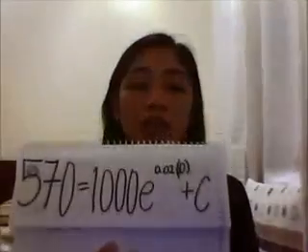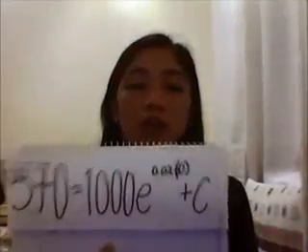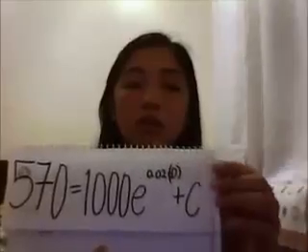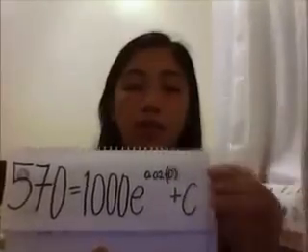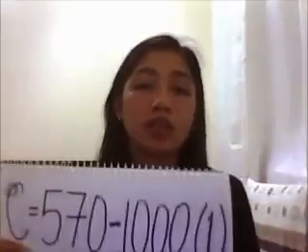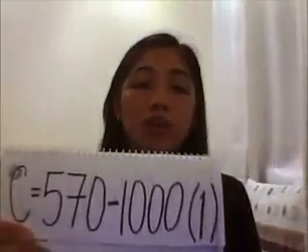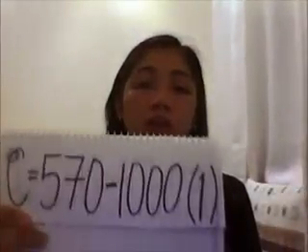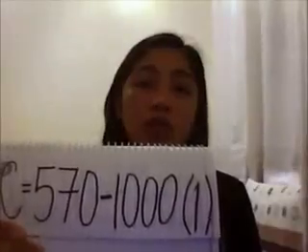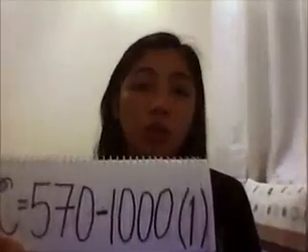You will substitute these values into your equation, leading you to 570 equals 1000e^(0.02 times 0) plus C. You need to transpose all the known values to one side so that you have C equals 570 minus 1000 times 1, which came from e^0.